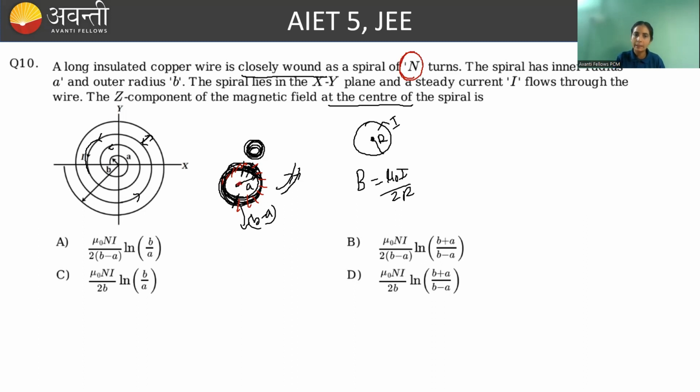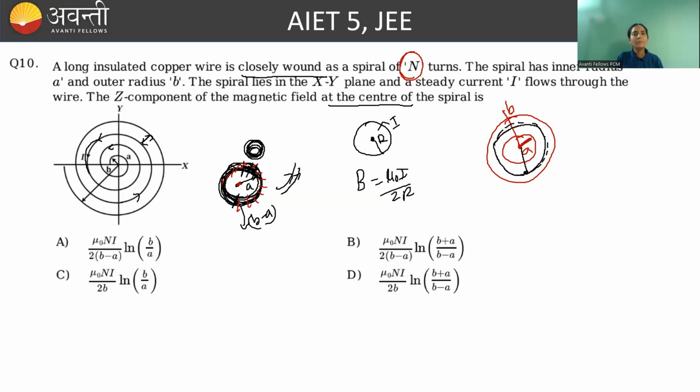So we have to calculate the magnetic field. Let's draw it now. The spiral starts from radius A, and between radius A and B there are so many coils of different radii. So what we need to do is select an element, calculate the magnetic field at the center because of it, and then integrate over the whole area.